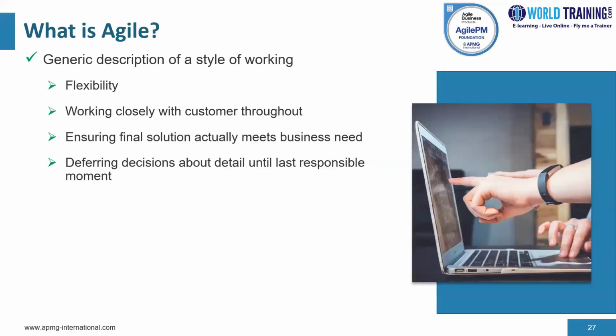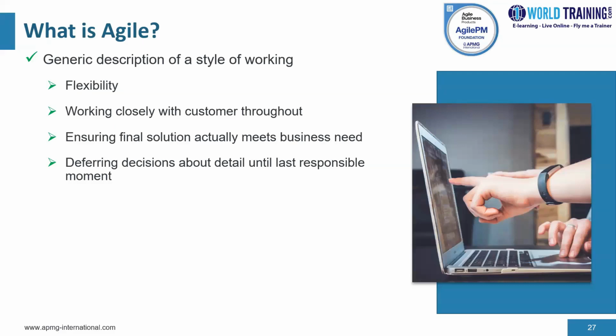Now, let's begin with the question of what Agile is. There are a lot of misconceptions about what Agile is and what it does not do. But in reality, Agile has to be pragmatic, and here we've got certain interesting ideas. It's a generic description of a style of working. So to be Agile is to be flexible, and to be Agile is to work closely with customers throughout, engaging with customers constantly, gathering feedback from them and having shorter feedback loops.